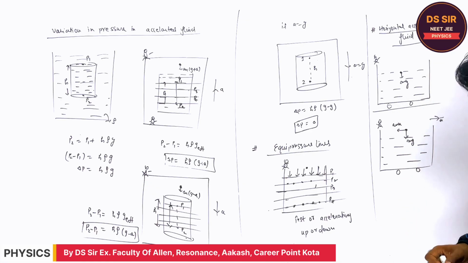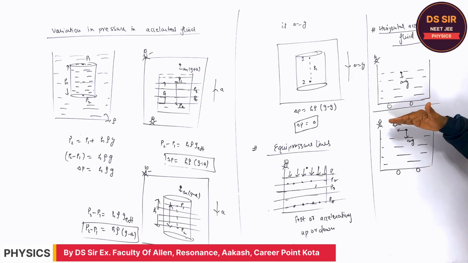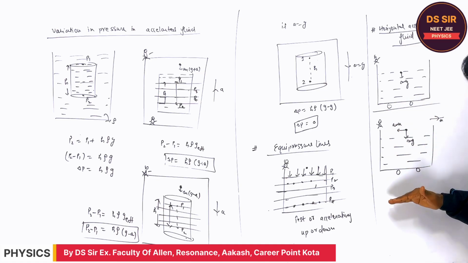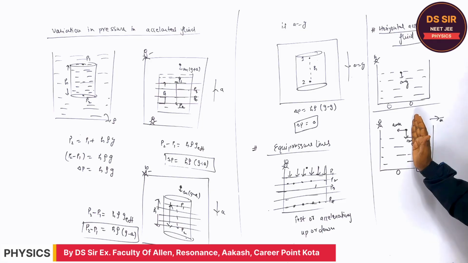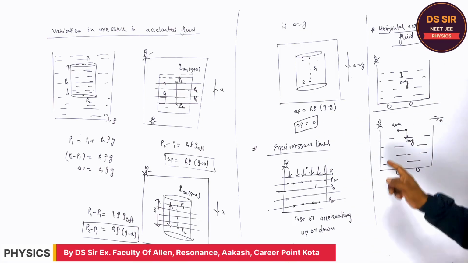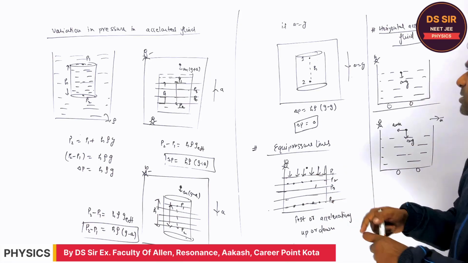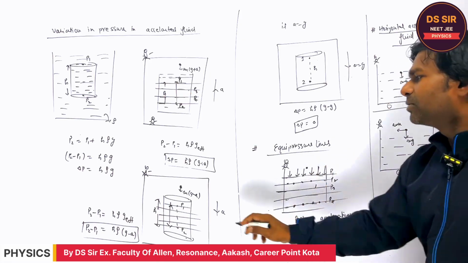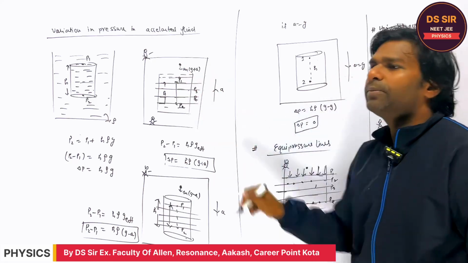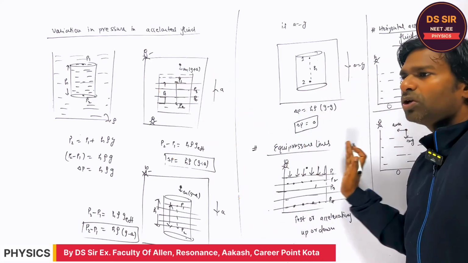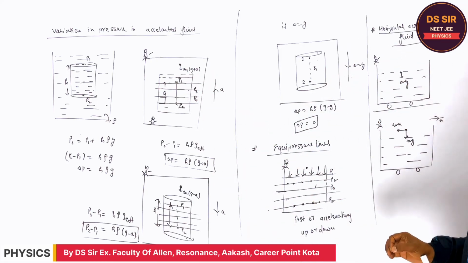Are you getting? Now therefore the pressure will change when you move down. It will increase due to the mg, and it will increase to the left also due to the ma force. In the earlier case only mg or m(g plus a) was acting, so no horizontal force was acting on the water molecule.